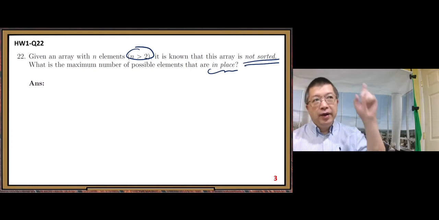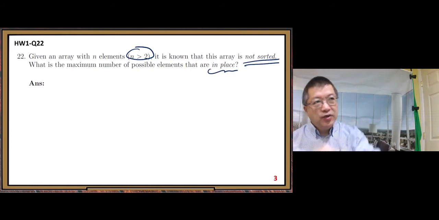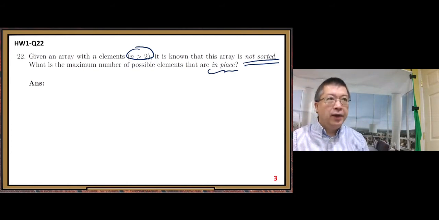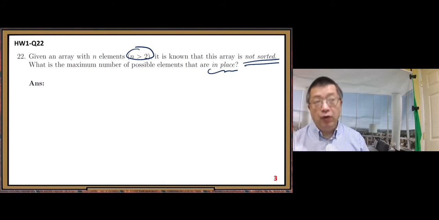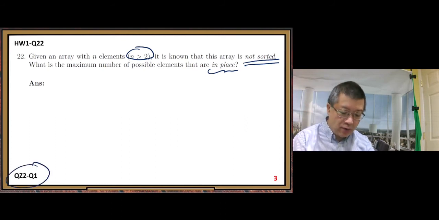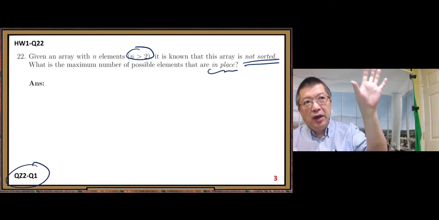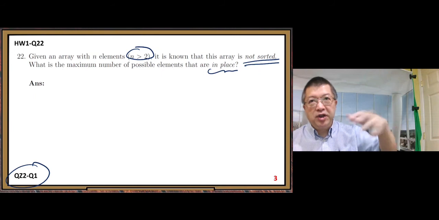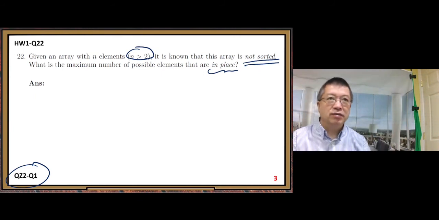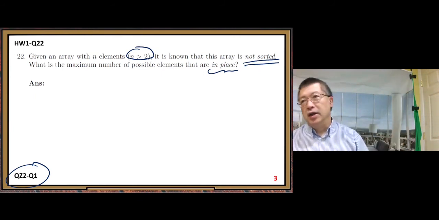For this question, I gave you a similar question before, in quiz 2, question number 1. I also posted a video explaining that question, so you can look at that another time.